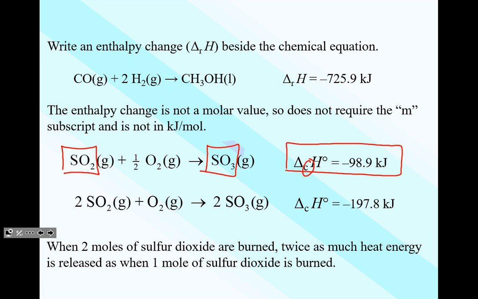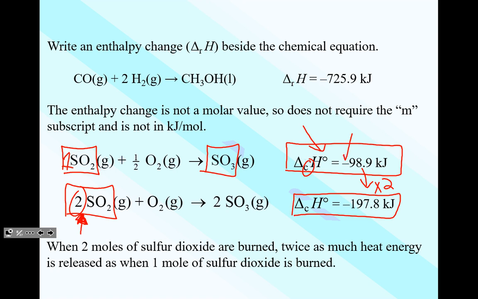In this case, because there are 2 moles of it, we have to take this number and multiply it by 2 to get negative 197.8 kilojoules, because it's dealing with 2 moles compared to 1 mole. But all you're really doing is balancing your equation, and then writing your delta H next to it, keeping in mind the appropriate sign.